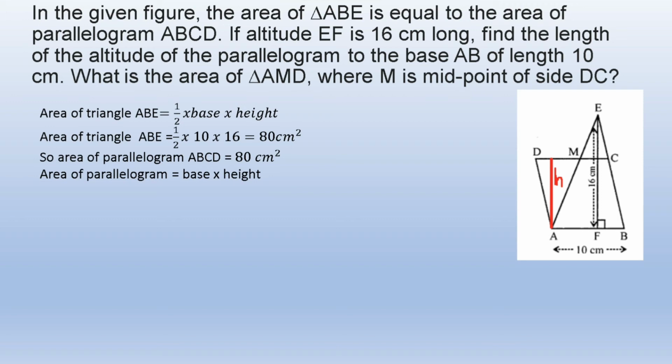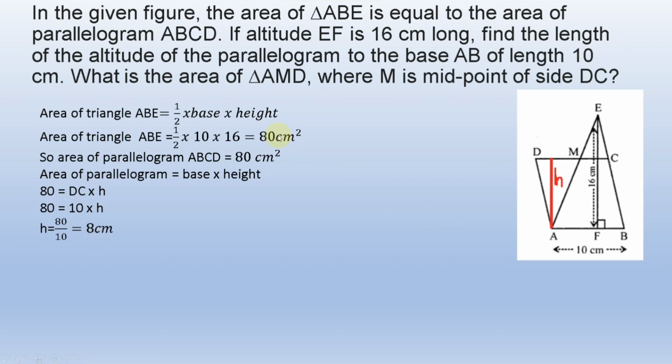So from here, the parallelogram area is 80, and I am taking base as DC, and height I am taking as H. Now in a parallelogram opposite sides are equal, so AB will be equal to DC, so in place of DC I will write 10. So 10 into H. Now from here I can calculate H. H will be 80 upon 10, that is 8 centimeter. So this is our H.